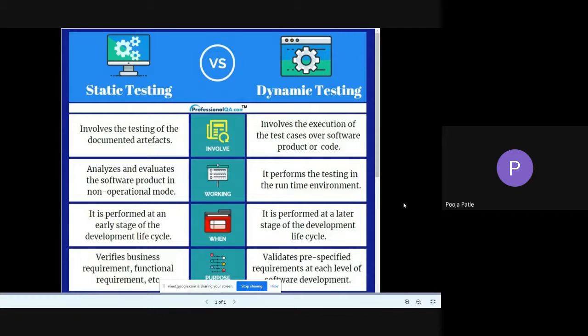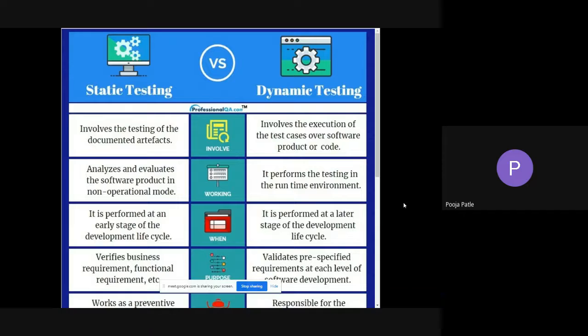Static testing is performed at an early stage of the development life cycle, and dynamic testing is performed at a later stage of the development life cycle. Static testing verifies business requirements, functional requirements, etc., and dynamic testing validates pre-specified requirements at each level of software development.